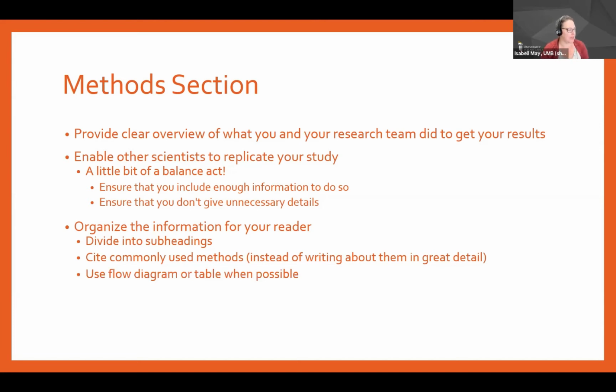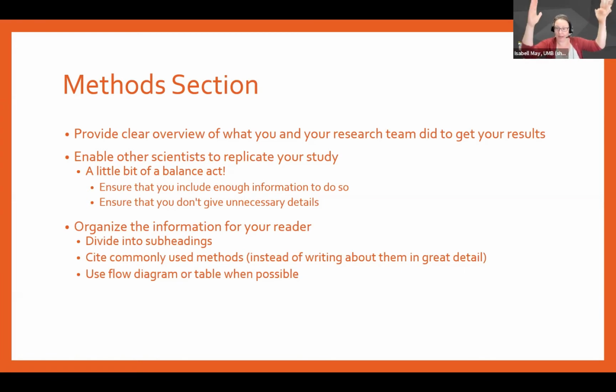I like flow diagrams a lot, and I'll show you some examples. They might not always work for every study. I have an example from a large clinical study that I think is really helpful already in the methods section, especially if you have a lot of groups, like your control group, put into different sections. In this example, it's a Taiwanese study on diabetes, and they started off with 1 million people and ended up with 500,000.